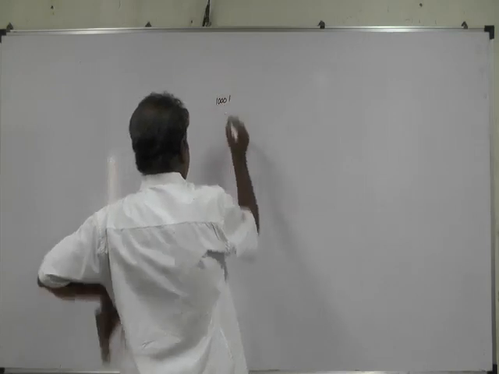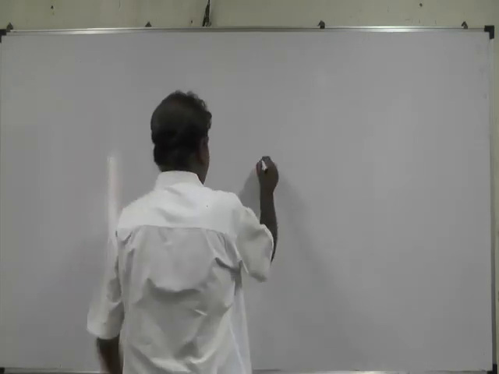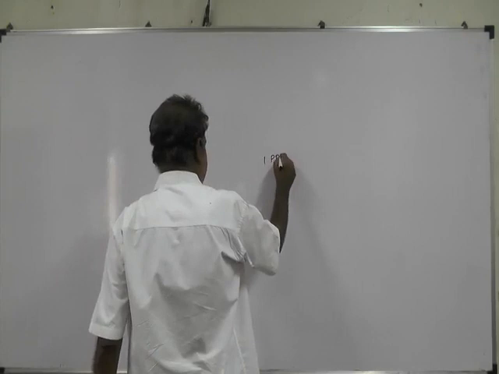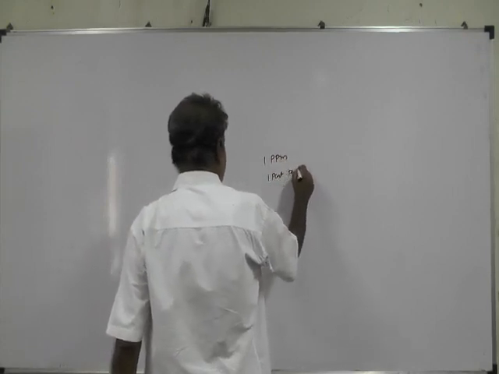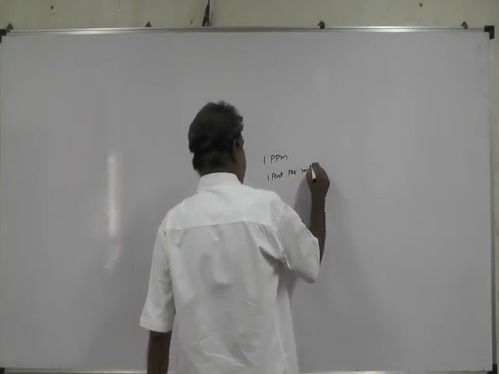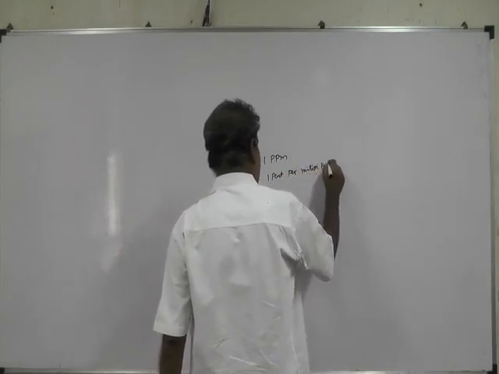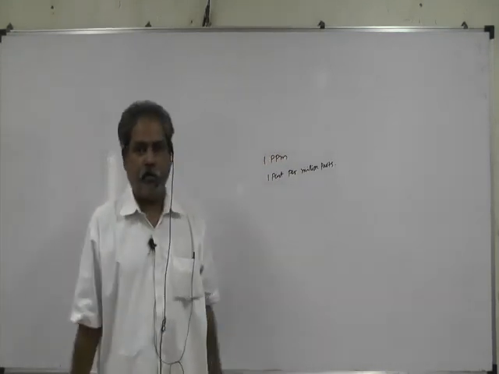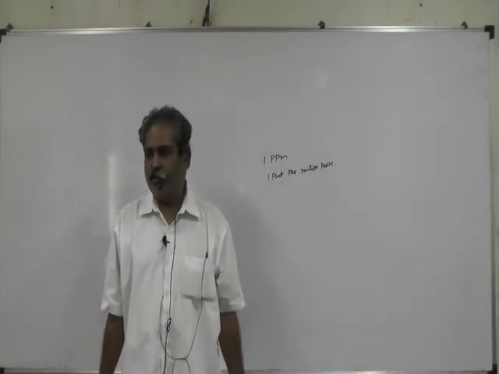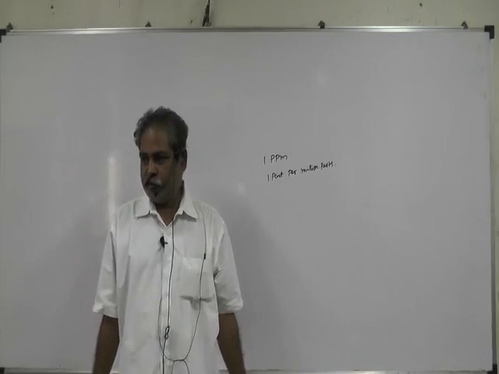1000 kg. What do you mean by 1 ppm? 1 part per million part. It has no meaning. ppm. Because which parts?